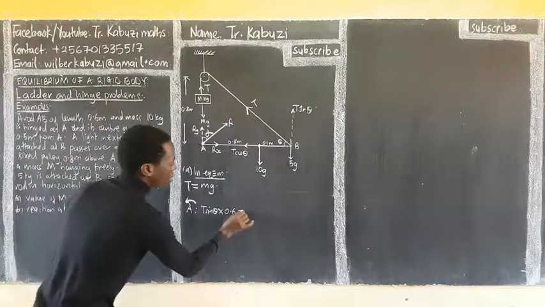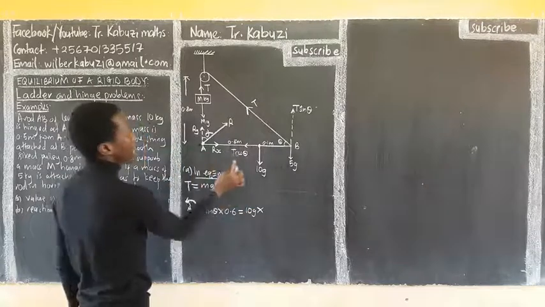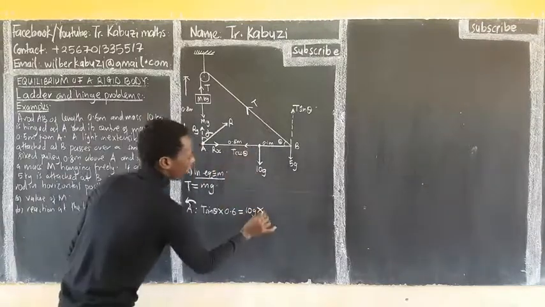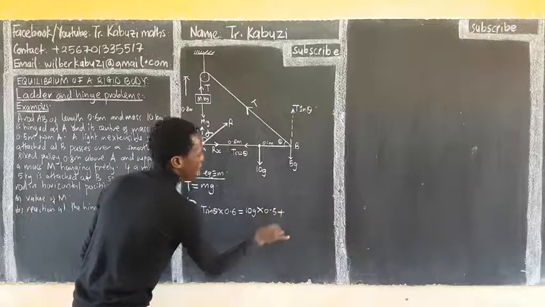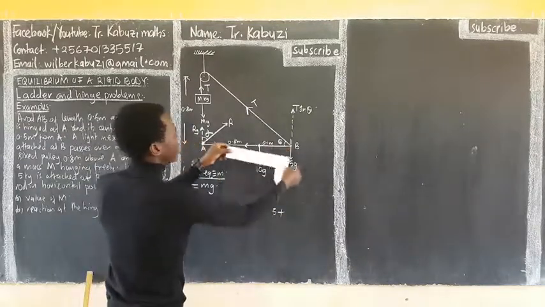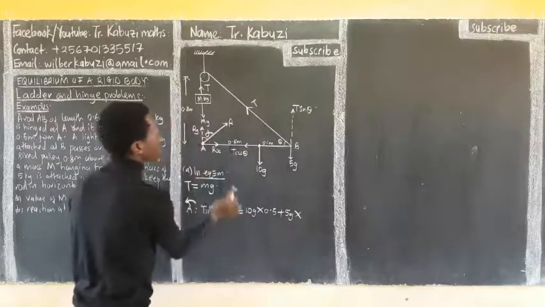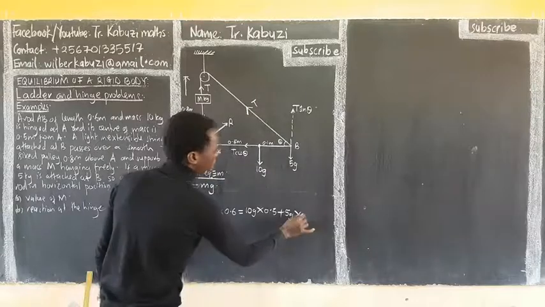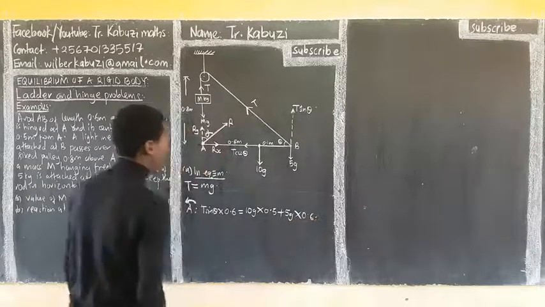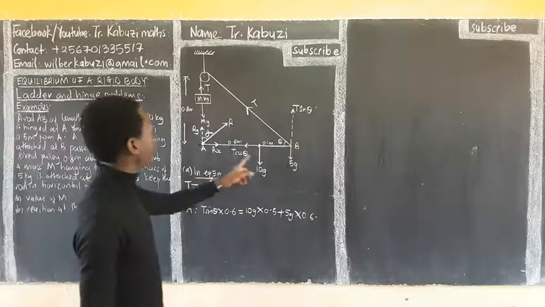Okay, so it will be equal to 10g, times from here up to here, which is 0.5, plus these ones, they are acting clockwise from A, 5g, times from here up to here, we have 0.6. Now the question is, how are we going to get this theta here?